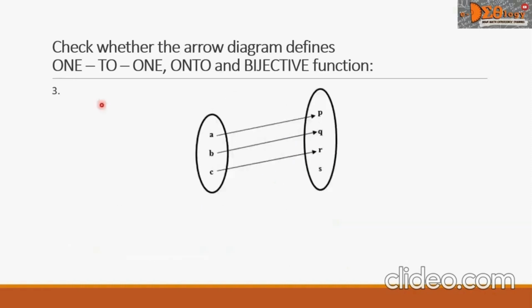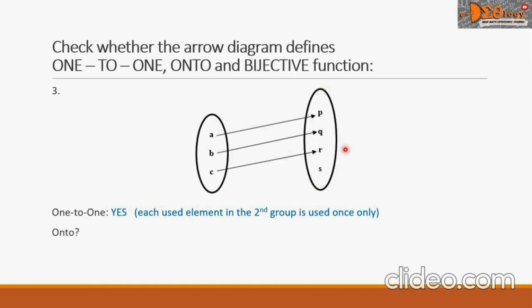Let's have example 3. Look at this figure. The first question is, is the function one-to-one? The answer is yes, because each used element in group B, in the second group, is used once only. Next question, is the function onto?